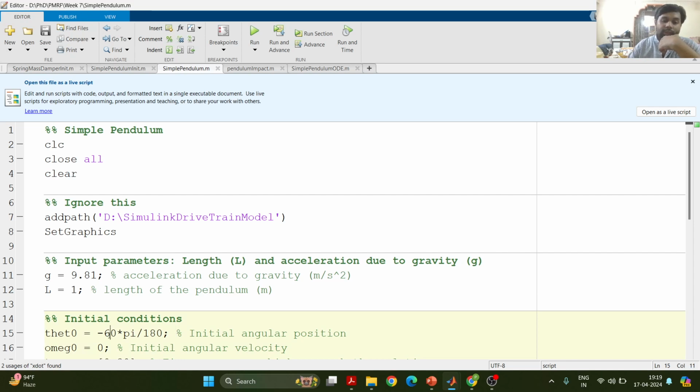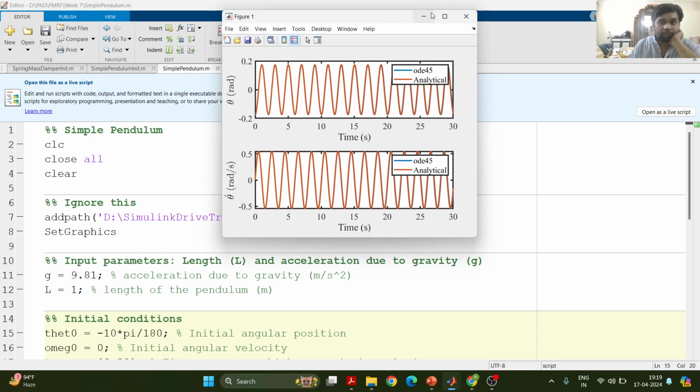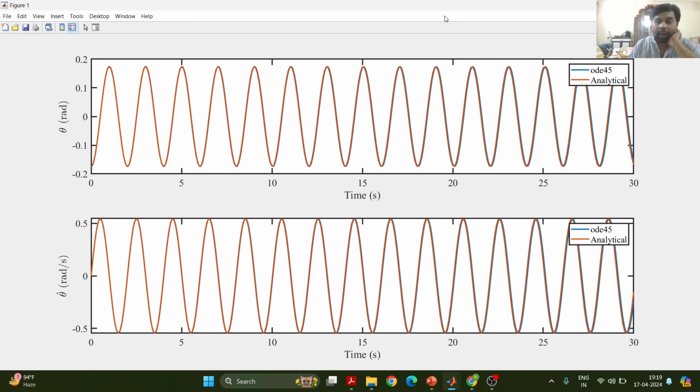Let us say we set the initial angle of the pendulum to just 10 degrees, so we displace the pendulum by 10 degrees and release it. Then, as expected, our numerical and analytical solutions match very closely. Here we see the plot of the angle and the angular velocity with respect to time.